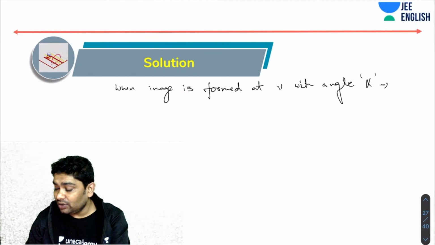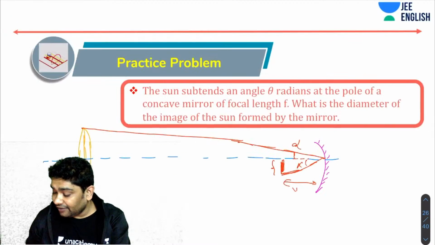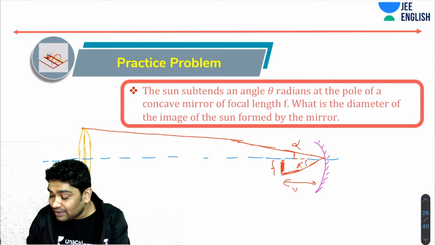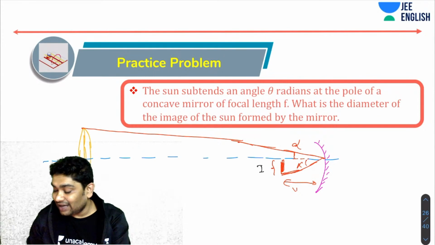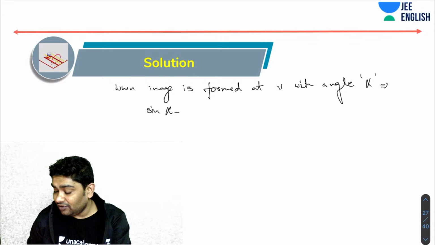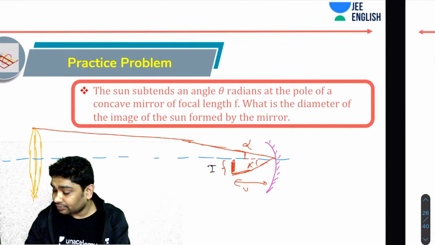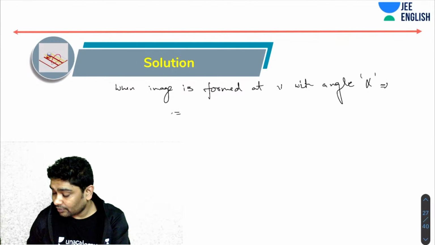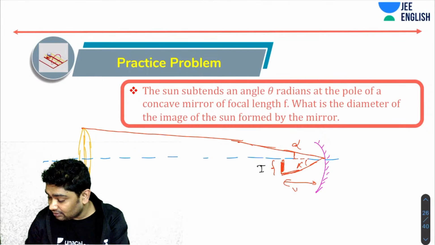Now, if I have to find the size of the image, let's say that is I, then I can say tan of alpha, in this triangle.